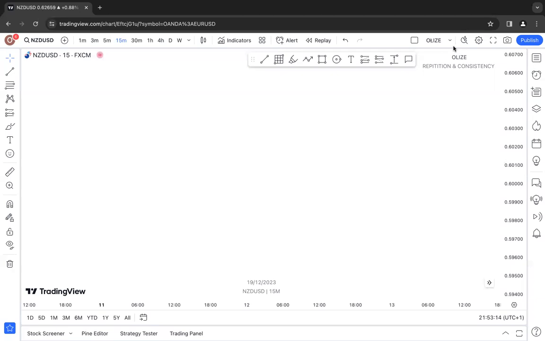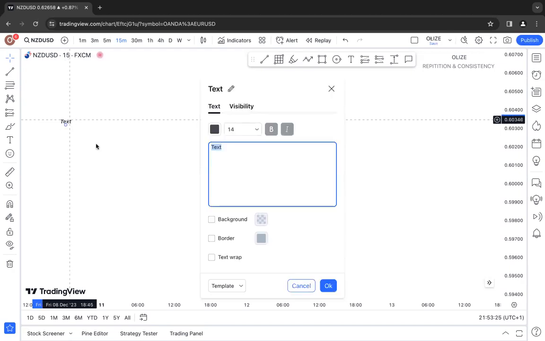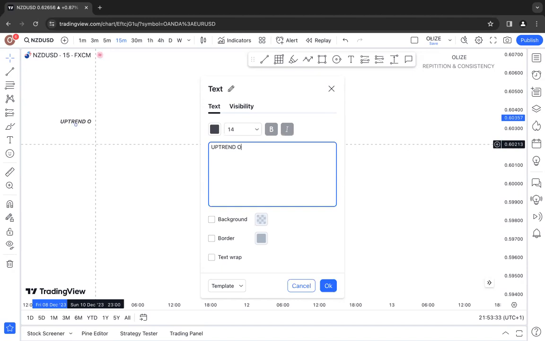So for the first, which is the uptrend, let me write this here. So first we're looking at uptrend or bullish market structure.